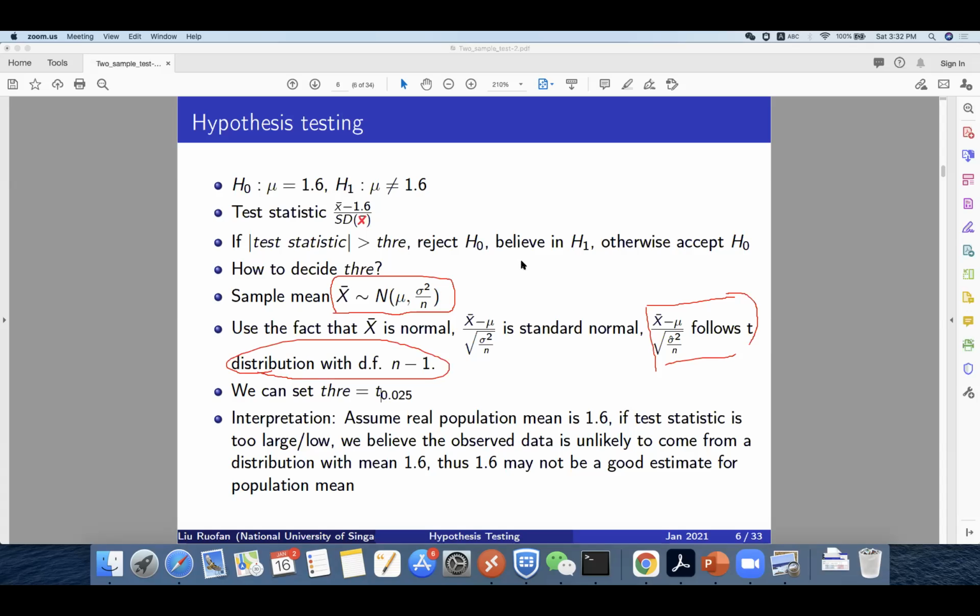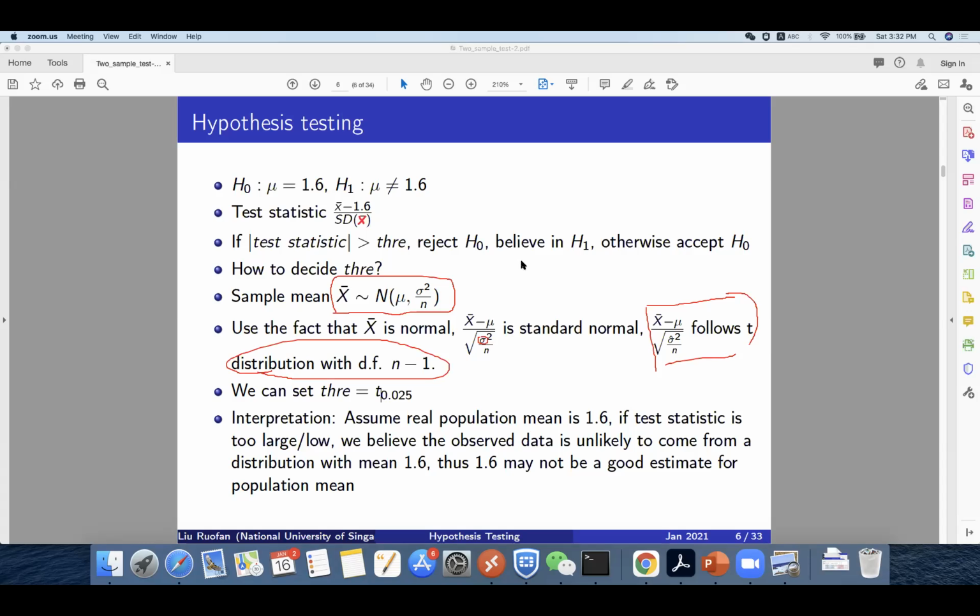And this one, suppose it's normal, and this one is standard normal, and given the variance is sampled, it's more like the t distribution is an estimated normal distribution. That's my impression or intuition.